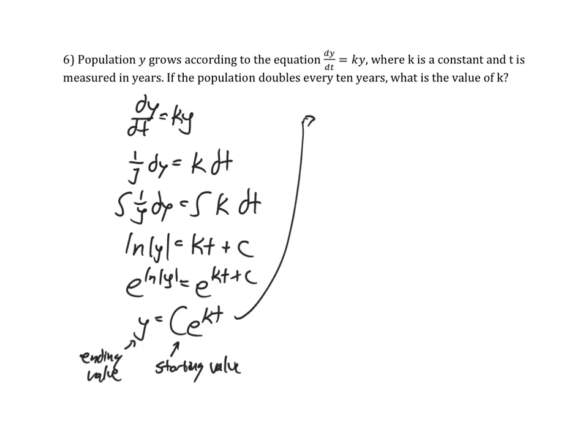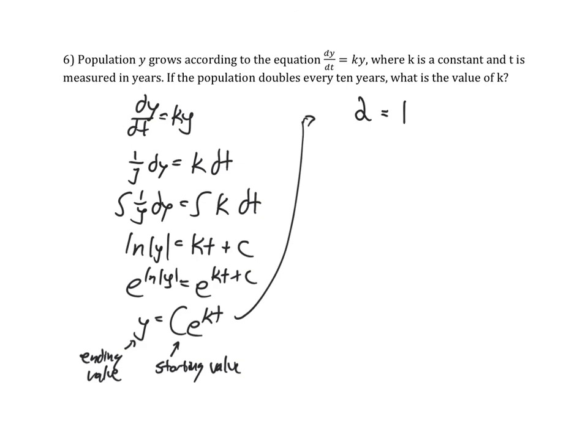So I know if the population doubles every 10 years, if I just imagine, you could choose any number that doubles, but if my starting value or my C value is 1 and it doubles, that must mean my ending value is 2. So I can plug in 2 for y, and 1 for C. Again, those represent your starting and ending values in an exponential equation.